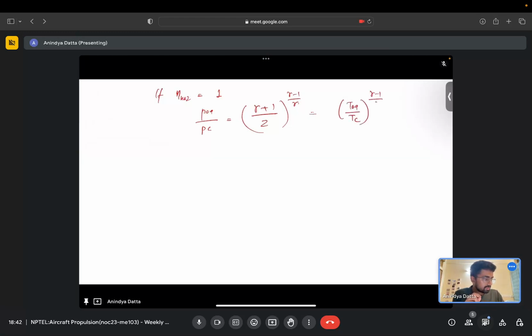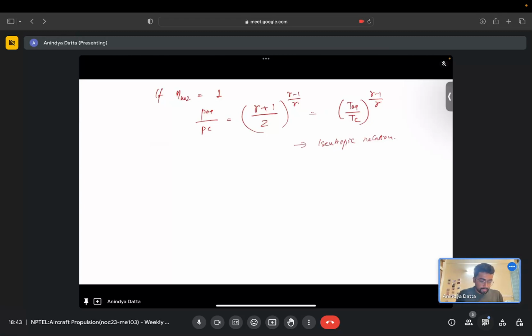This is basically your isentropic relation, because if the isentropic efficiency of the nozzle is 1, the nozzle is operating under isentropic conditions, which means the isentropic relation is valid between the critical pressure ratio and the critical temperature ratio.